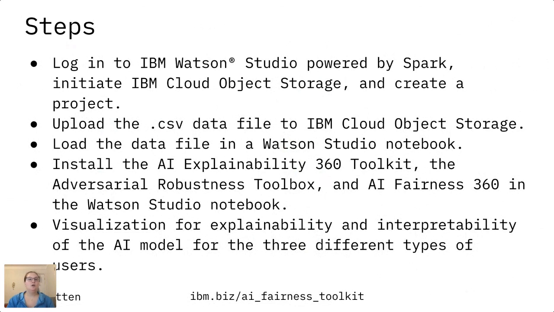You're going to load the data file into a Watson Studio notebook. And then you're going to install the AI 360 Toolkit into your Watson Studio notebook, and then you'll be able to see the visualization for explainability and interpretability of the AI model for the three different types of models. So that's kind of a general overview.